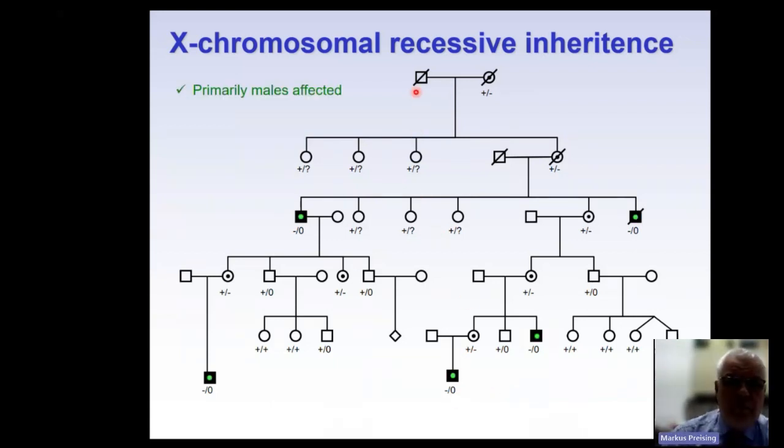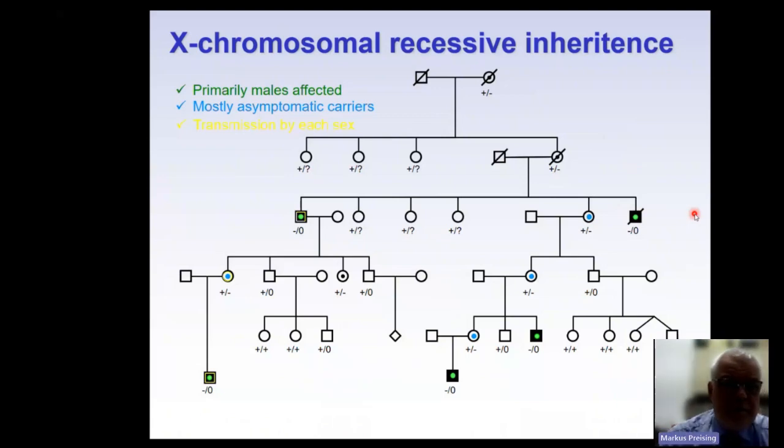Therefore, you will always find several persons inside a pedigree. You find the primarily affected males because they do not have a second normal copy of the choroideremia gene. You find here asymptomatic carriers, which are mostly present in a pedigree.